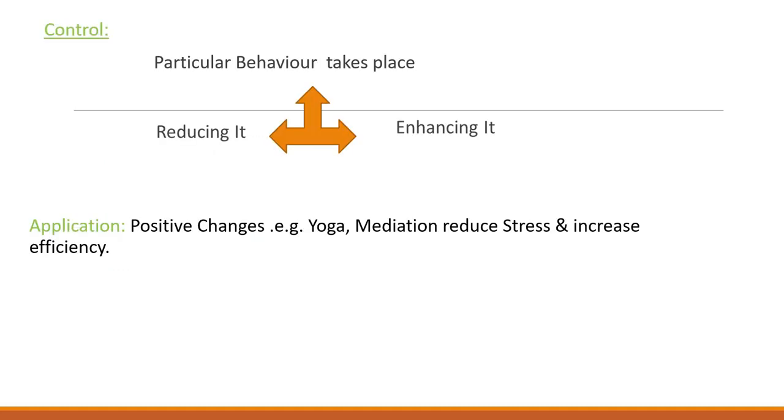Next comes control. If we are able to explain why a particular behavior occurs, we can control that behavior by making changes in its antecedent condition. Antecedent condition means the condition that led to a particular behavior. Control refers to three things: making a particular behavior happen, reducing it, or enhancing it.